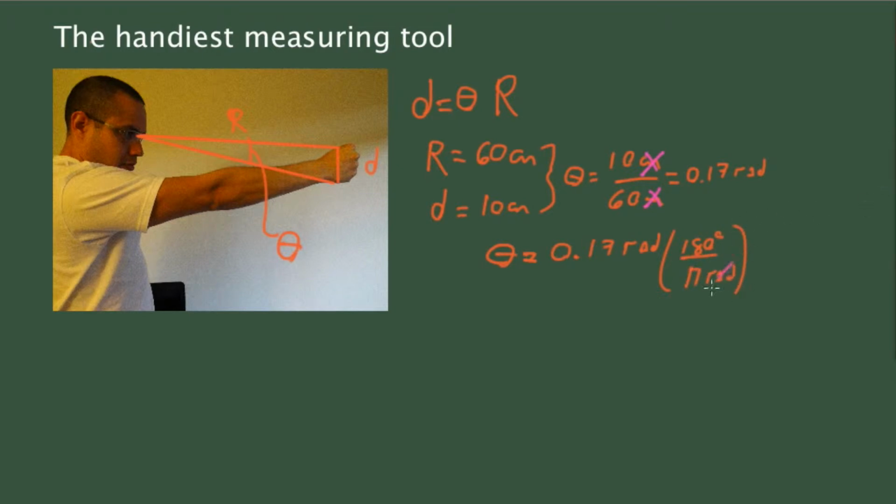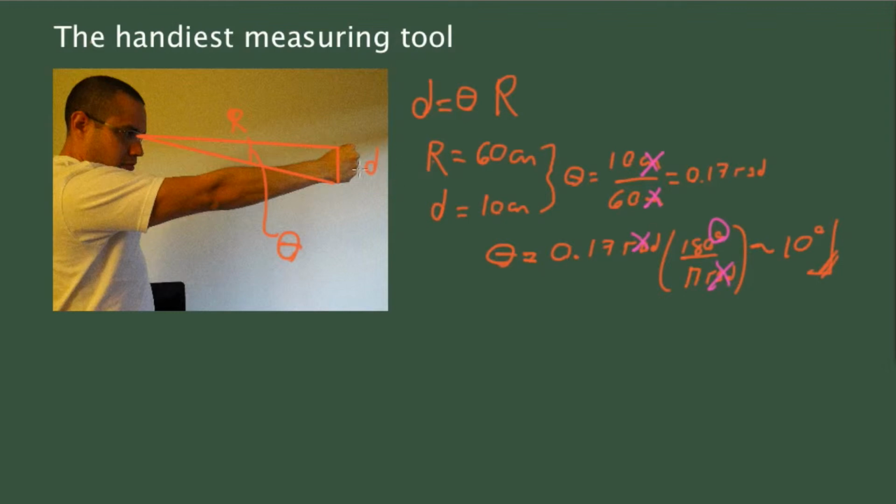Again, the units cancel and I get everything in degrees, and this is approximately equal to 10 degrees. So now I know that my fist, if I stretch out my arm, is about 10 degrees in angular coverage.